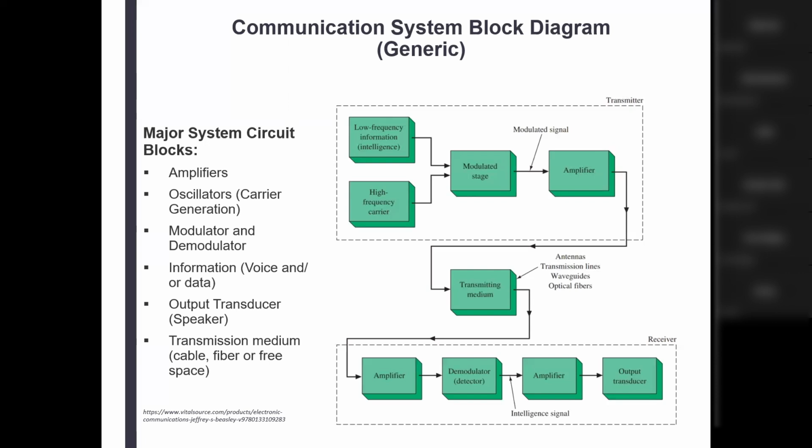Like, for example, the microphone that we just saw. A microphone converts the longitudinal vibrational waves, which are physical, mechanical vibrations of the air, into electrical signals. It's a transducer.